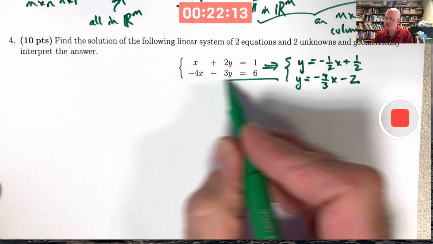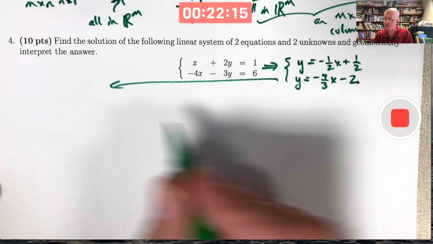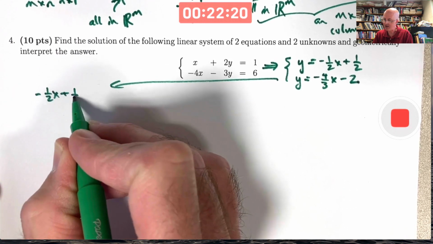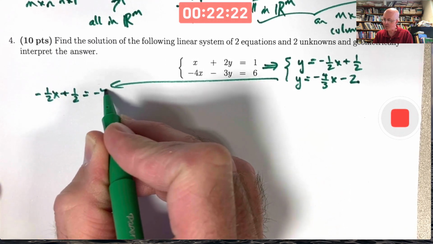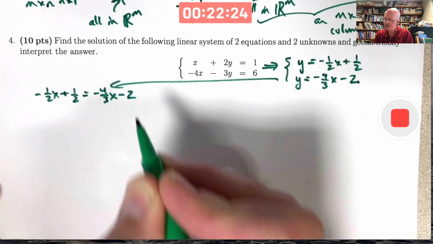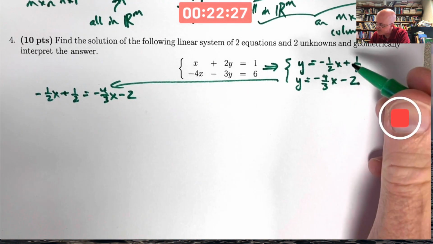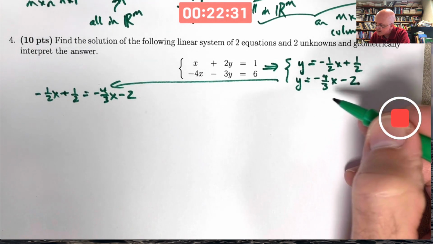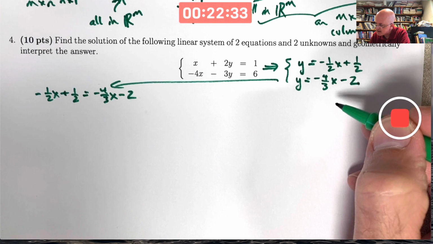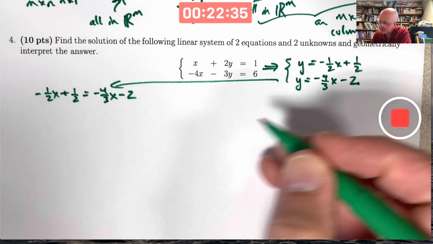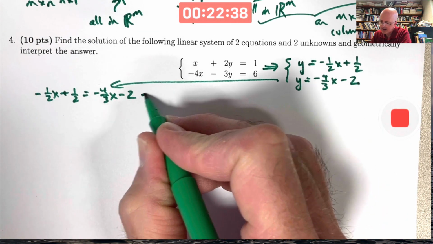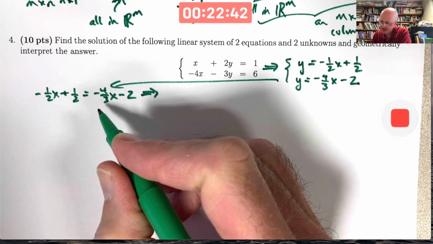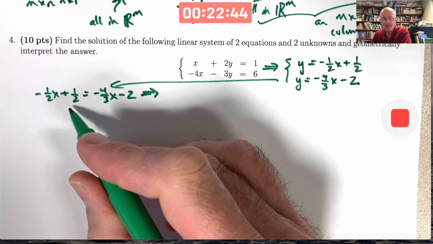I can also use these two things to help me solve. I can set negative 1/2 x plus 1/2 equal to negative 4/3 x minus 2. Maybe I should just double check to make sure I didn't make a mistake here. I think this is good. All right, and then I want to isolate x. So I think I'll add 4/3 x to both sides and subtract 1/2.